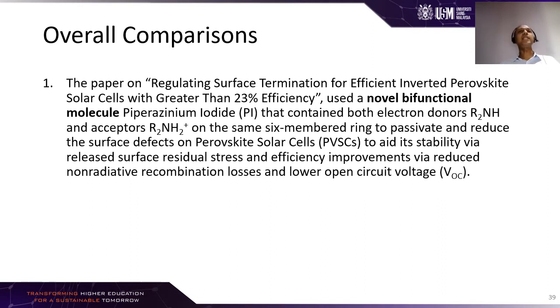Now, the first paper, regulating surface termination for efficient inverted perovskite solar cells with greater than 23% efficiency, used a novel bifunctional molecule, piperazinium iodide, that contained both the electron donors R2NH and acceptors R2NH2+ on the same six-membered ring to passivate and reduce the surface defects on the perovskite solar cells, basically to aid its stability via released surface residual stress and efficiency improvements via reduced non-radiative recombination losses and lower open circuit voltage.